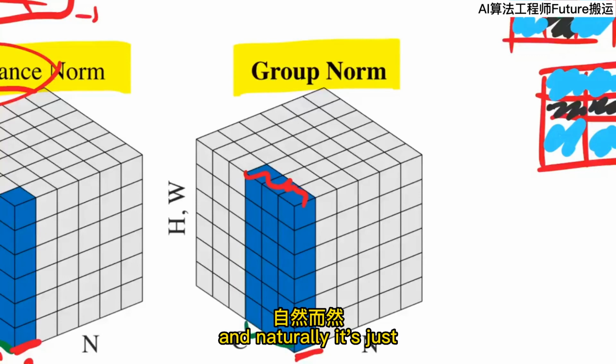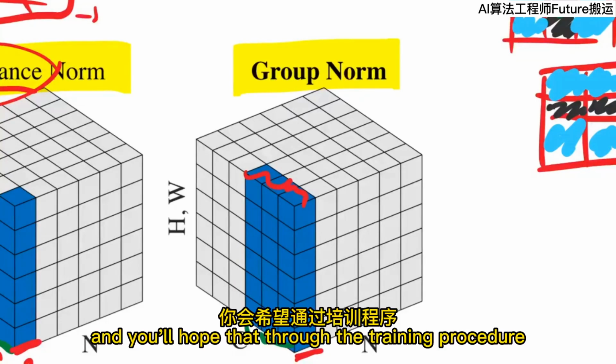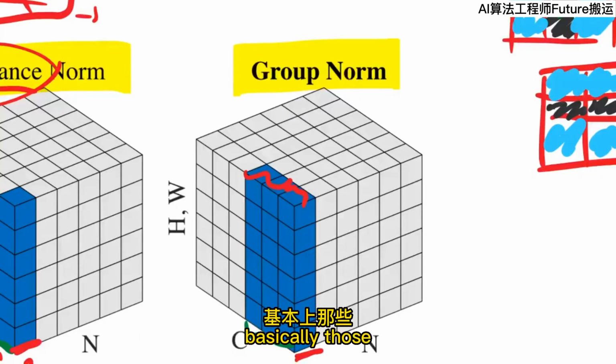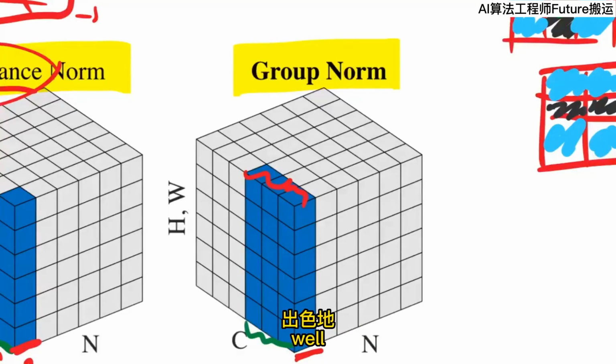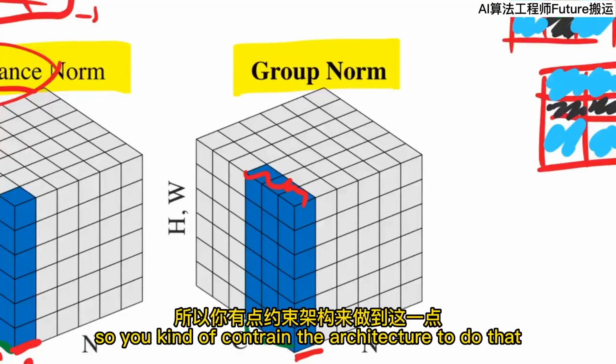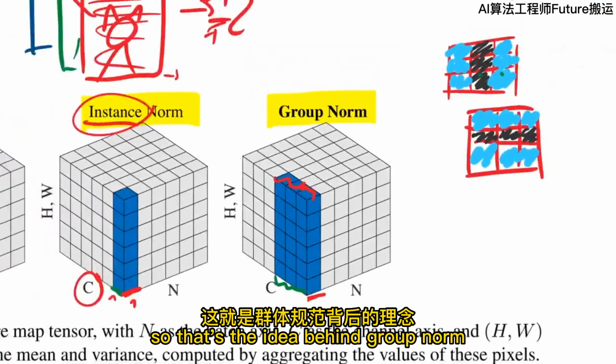And naturally, it's just whichever ones are next to each other. Those are the groups. You hope that through the training procedure, those groups will learn the features that are equal in size. Well, you basically enforce that. So you kind of constrain the architecture to do that. So that's the idea behind group norm.